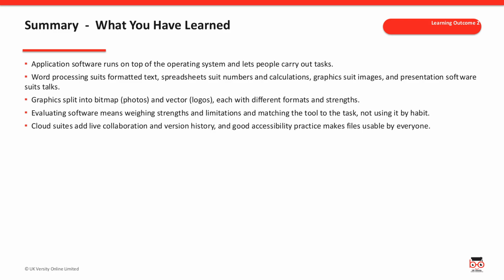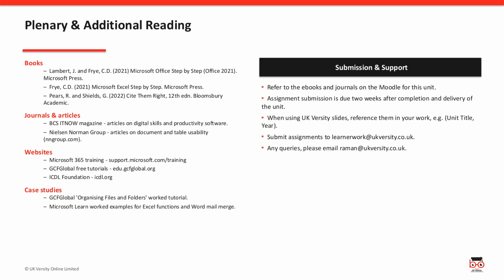Evaluating means weighing strengths against limitations and matching the tool to the task, rather than reaching for the same thing every time. And cloud suites add live collaboration and version history, while good accessibility practice makes your files usable by all.